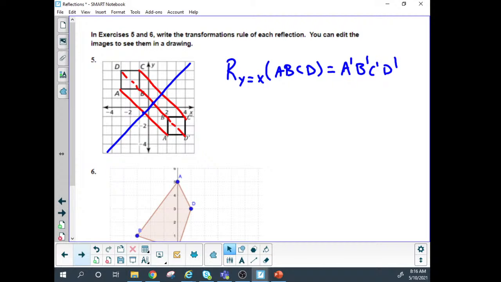Kind of visualizing it. So if you connect B to B prime, the line goes through that midpoint, if you can figure out where that would be. Right.